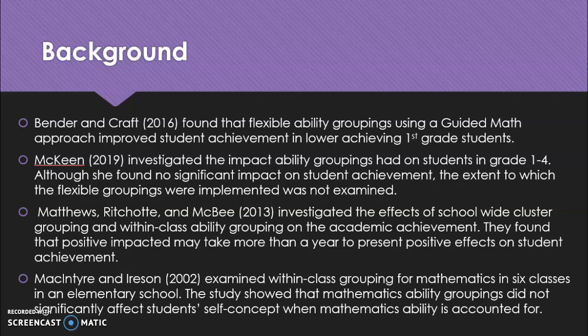So they kind of noticed effects after the fact and not, let's say, during the intervention per se. So that one had a little bit of interest, just with seeing, I could do this research now, but will I be able to see effects of the ability groupings in the present?